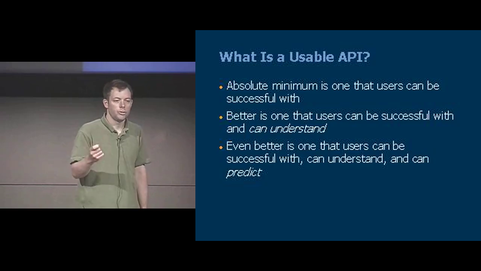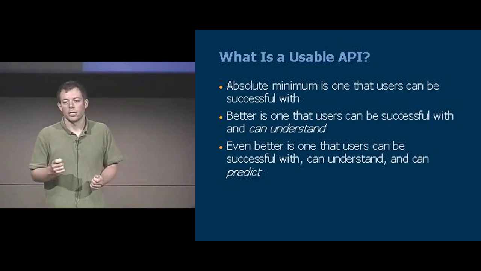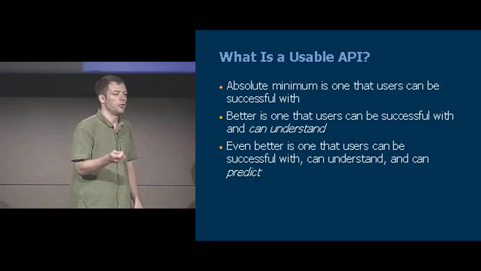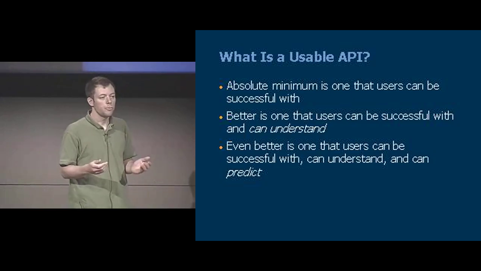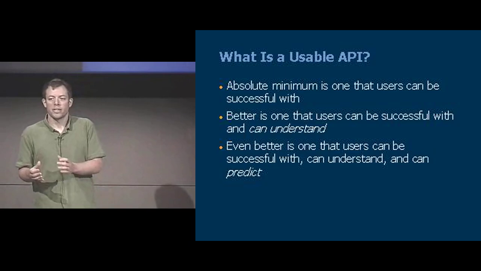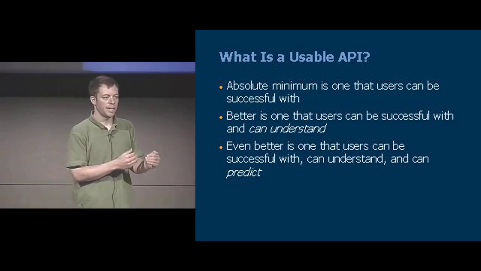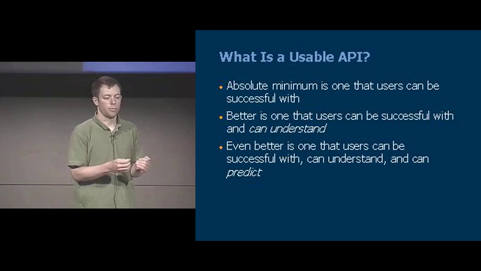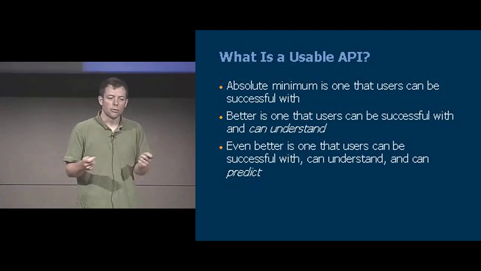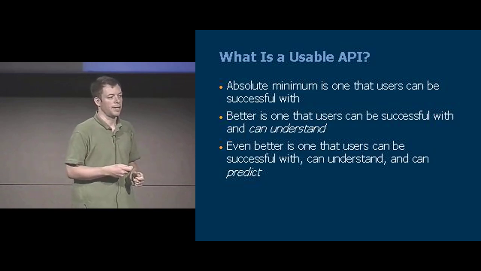You can go even one step beyond that, though. As well as enabling users to be successful, as well as allowing them to understand what they're doing as they're doing it, you can also enable them to predict how to use the API. They can look at the public interface of your API, and based on that interface, they can determine what that API does. They can determine how to use the API. They can look at sample code written against the API, and they can understand what that code does.